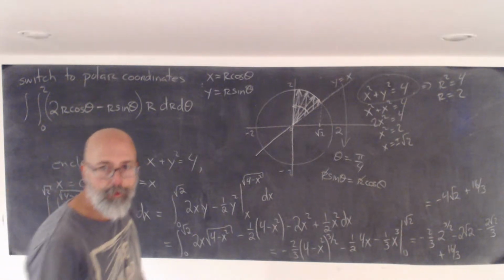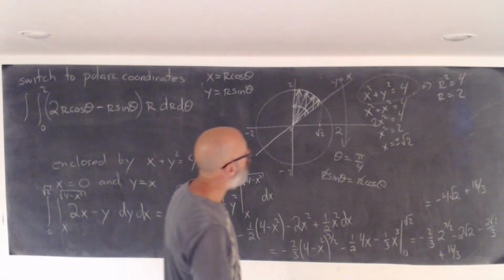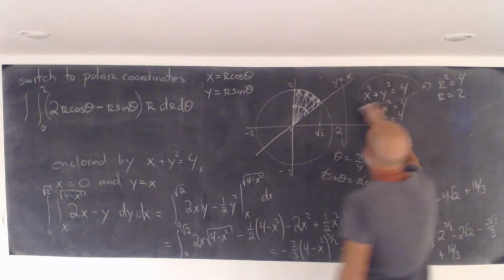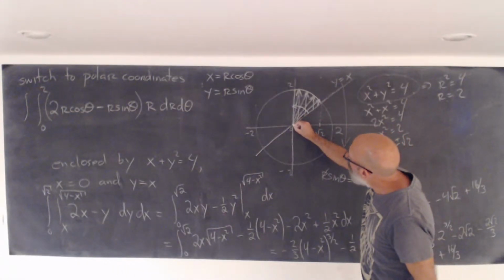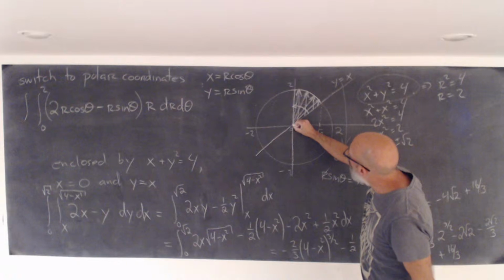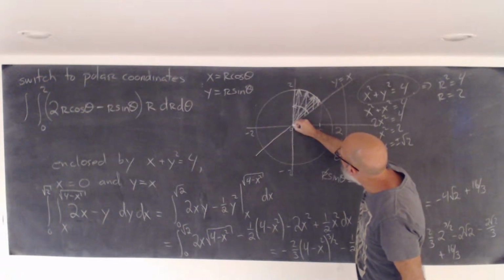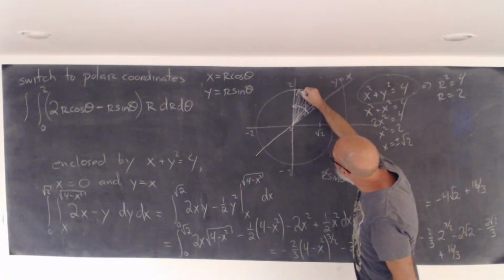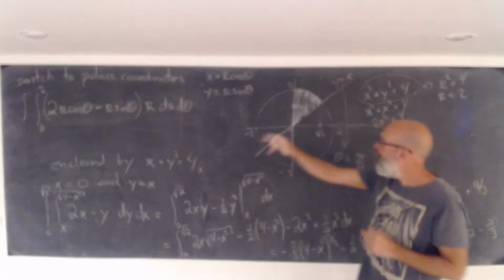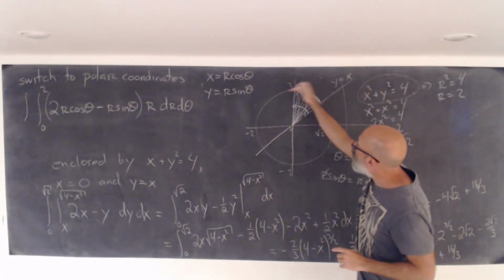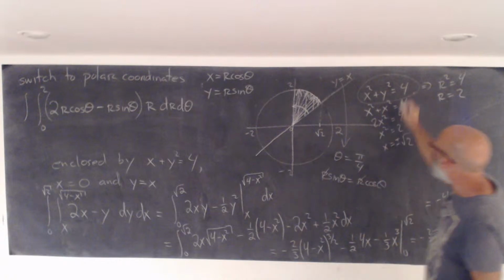Right? G is asking if we can explain how to get r equals 2. We had convinced ourselves that r goes from the origin to the circle, right? That's how r is measured, from the origin outwards. So from the origin, and you stop once you hit the circle.